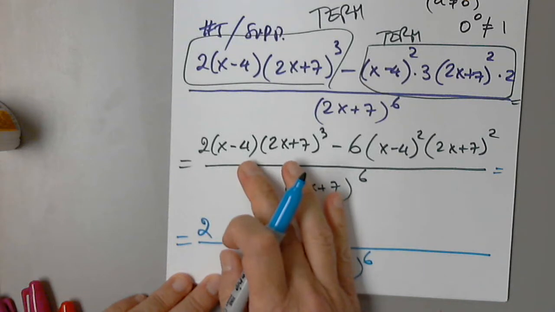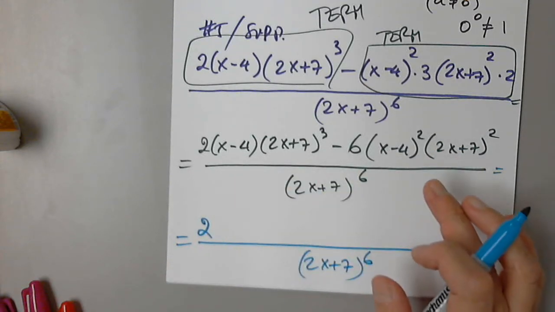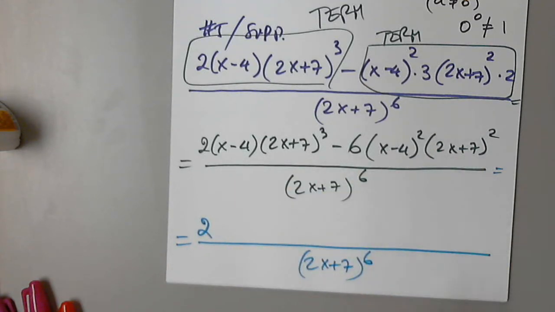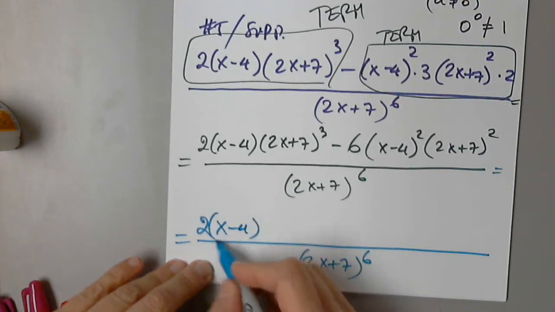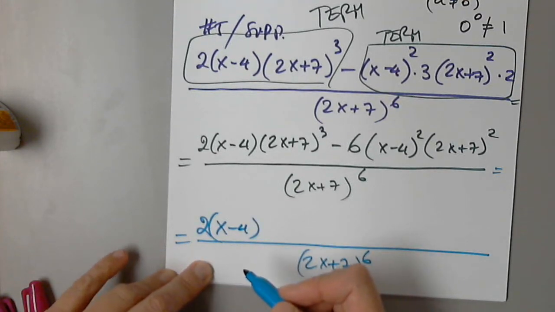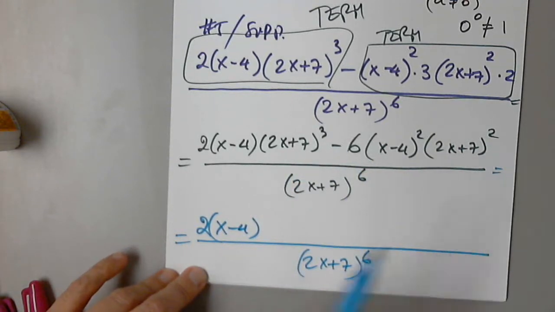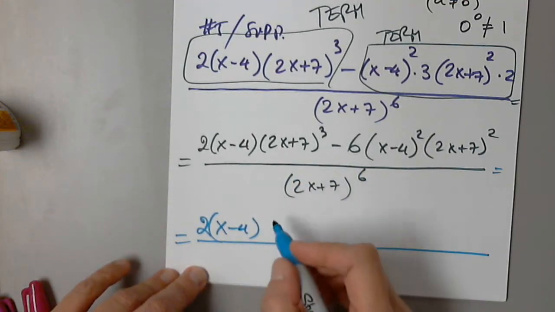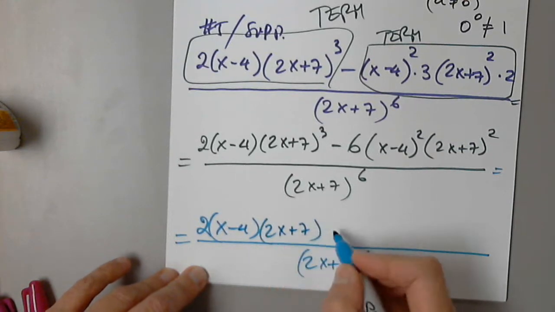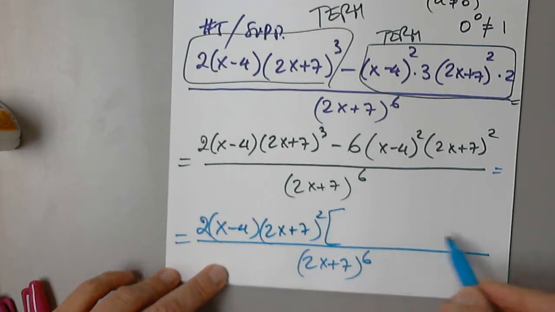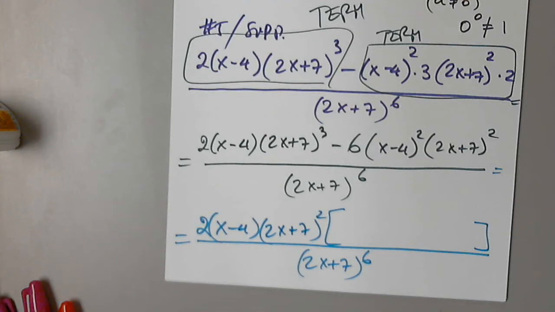I see an x minus 4 and I see an x minus 4 to the second power. X minus 4 to which power? Perfect. I see 2x plus 7 to the third and I see 2x plus 7 to the second. To the? Excellent. Let's stop for a moment. Please let me know whether this is clear or not.